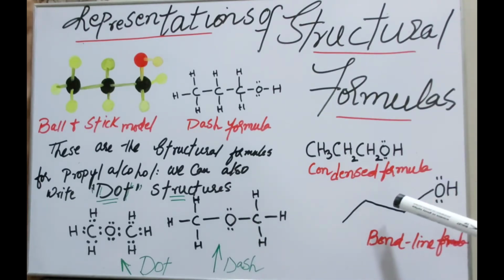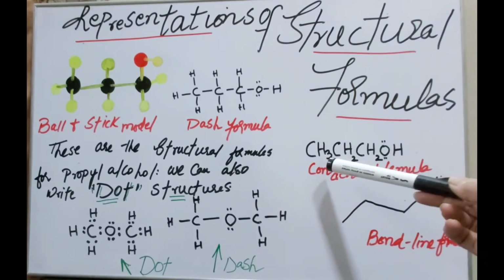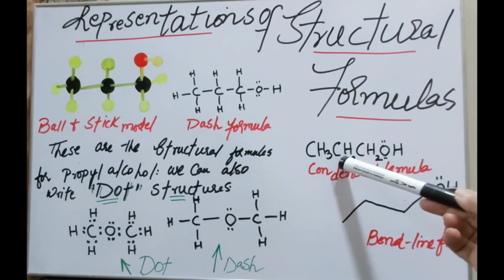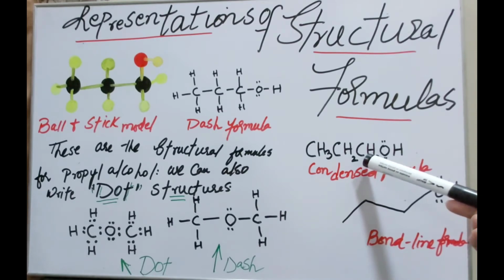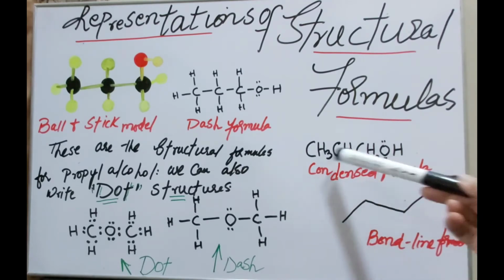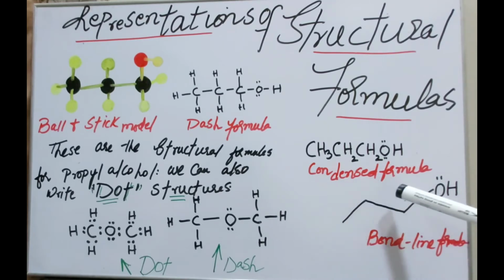The compound is the same, but it has been written in three different forms up till now. The carbons are immediately attached in the condensed form without any dashes in between them, so we call it the condensed form.